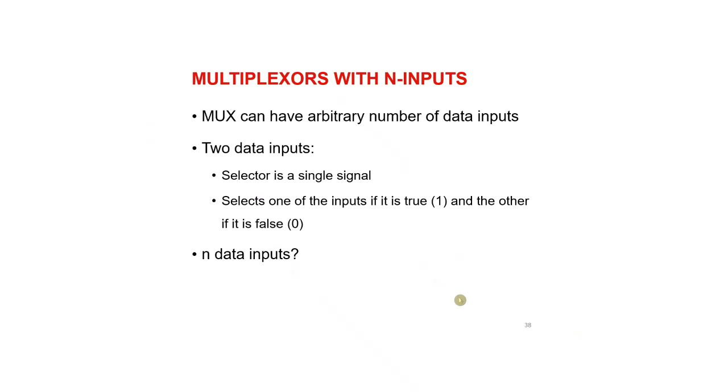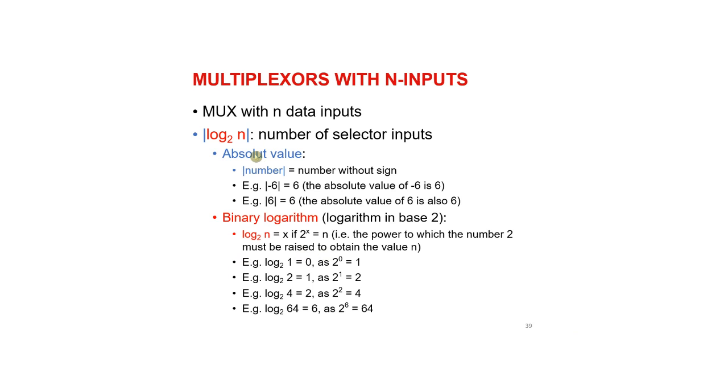For instance, as I have mentioned, a selector is only a single bit, so it's only 1 or 0. If I have n data inputs, how many selectors do I need? There is a very complicated formula here. You don't need to know this, but just to have it clear.